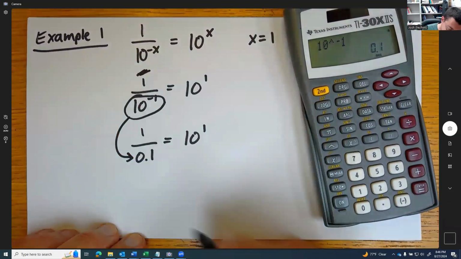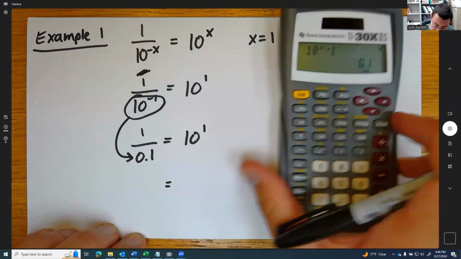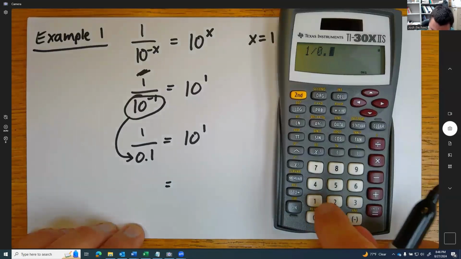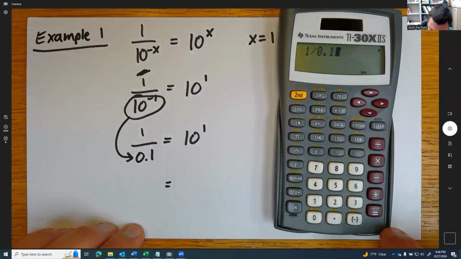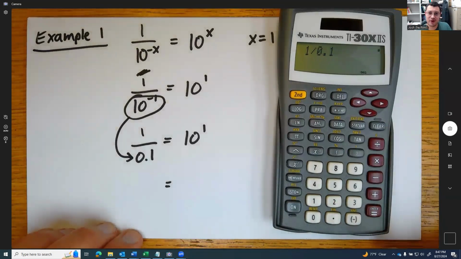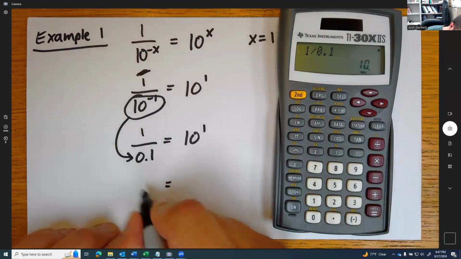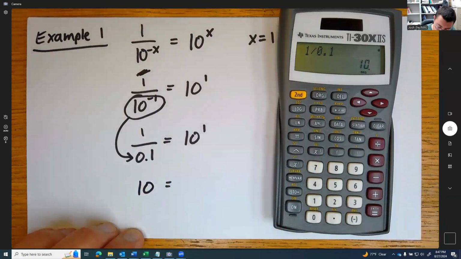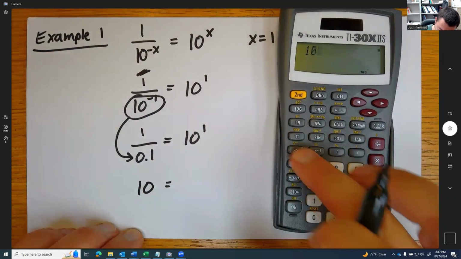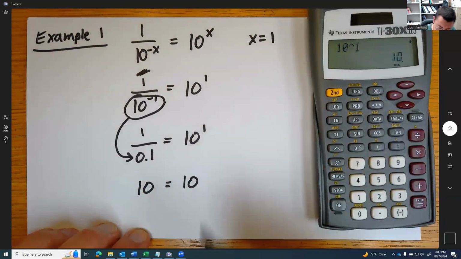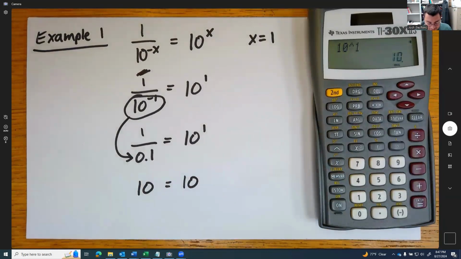And now let's go ahead and do 1 divided by 0.1. It doesn't matter if you put the 0 or not. I'll leave that for a separate discussion if you're in a 0 camp or no 0 camp. So we get a 10 here. And let's see what 10 to the 1 power is. And we also get a 10.